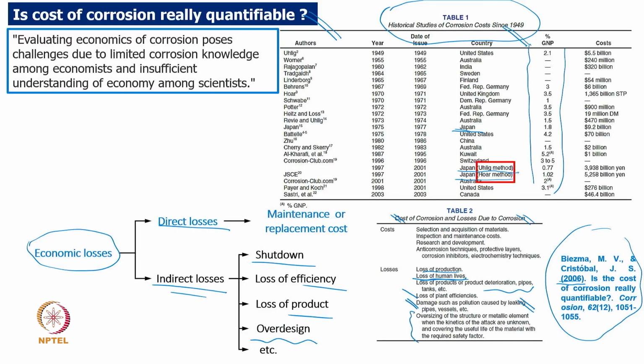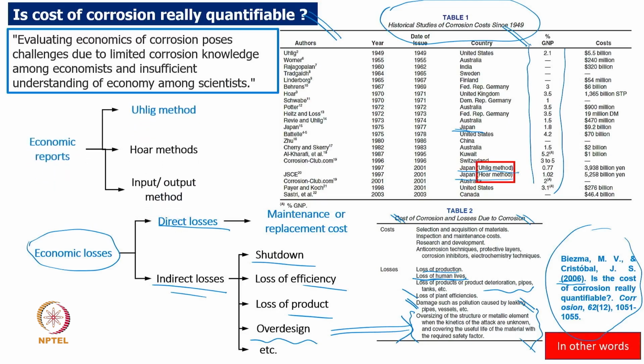Another one we already mentioned is over design, oversizing. We do it because we know that material is going to get damaged. Why not take some precautions, and then we over design, maybe 2 times or 1.5 times. And as I mentioned, there are the methods. The OLIG method is there, the how method is there, and the third method is the input output method.